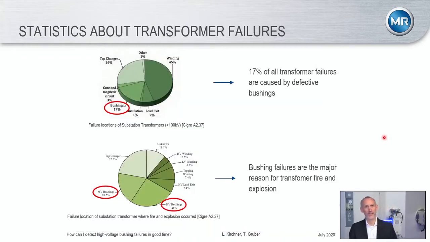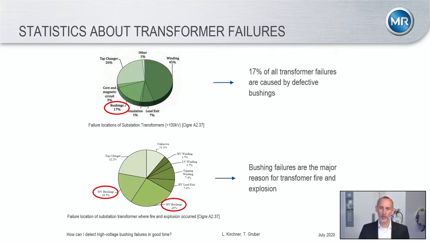If we look at this problem in a wider perspective, there was a CIGRE study done in the past, not on all transformers of the world, of course, but it's an indication, and 17% of all failures are caused by bushings. And if we look closer at that, we see that 40% of these failures would lead to severe failures that end up with an explosion or with a burning transformer.